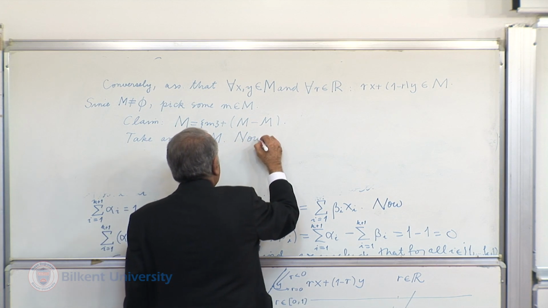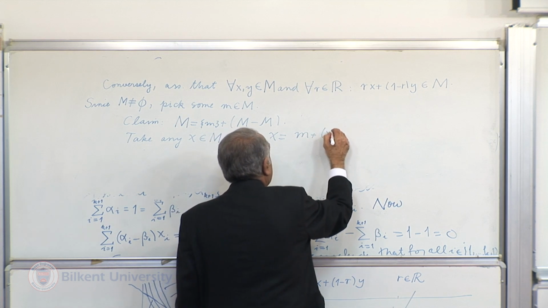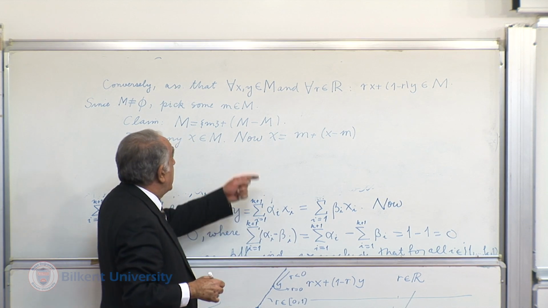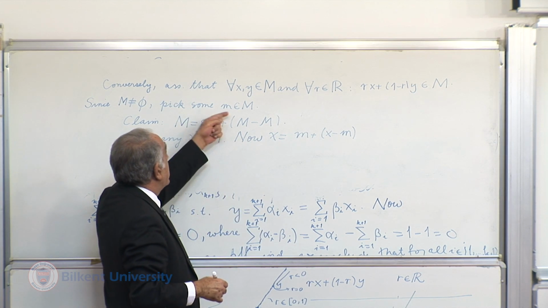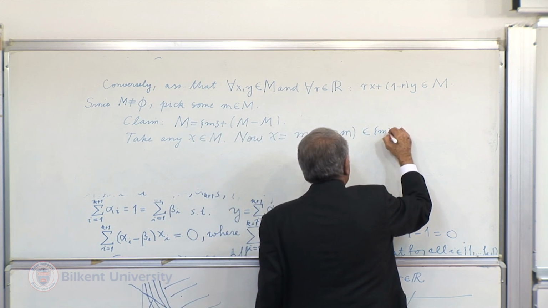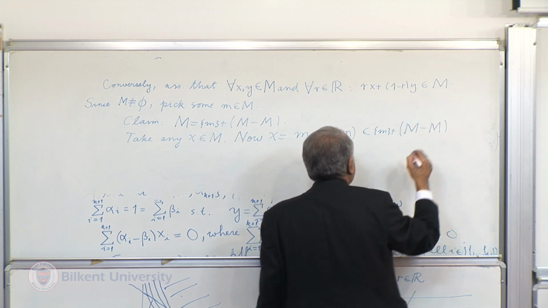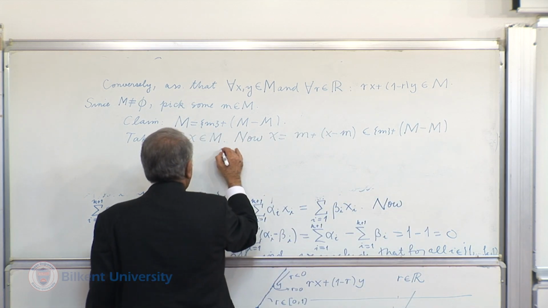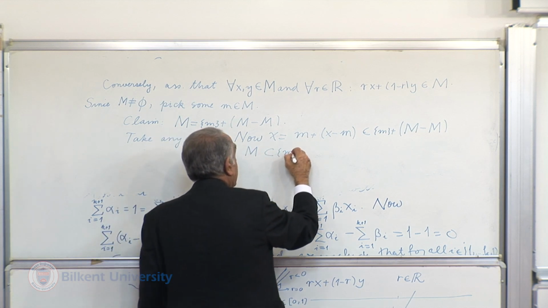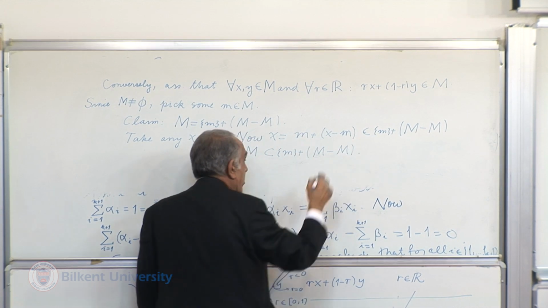Now, x is equal to m plus x minus m. But x is in M and m is in M, so this is in singleton m plus M minus M. So M as a set is contained in singleton m plus M minus M.